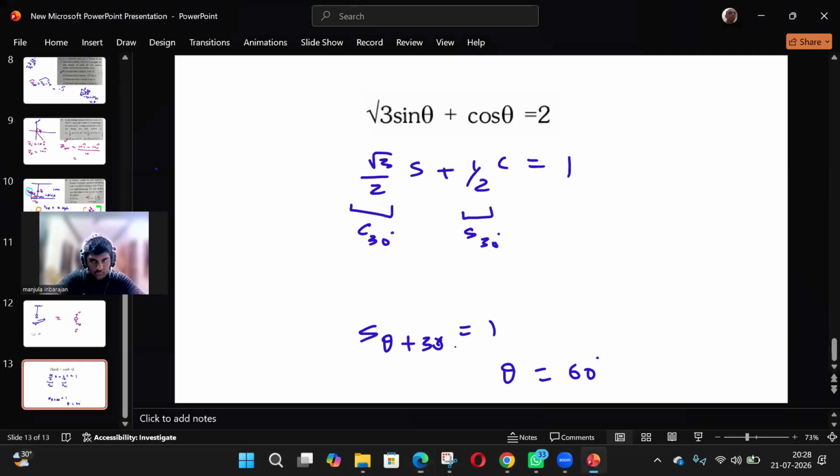It's actually a standard method of solving: sine plus cos equal to some number. Bring that number down, and write this angle.